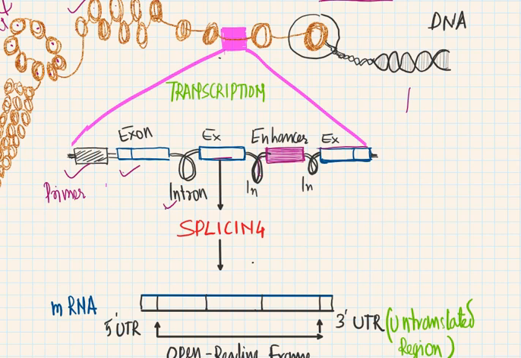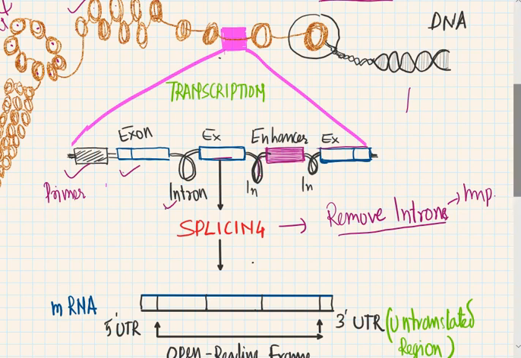After splicing you can see this mRNA. What happens in splicing? In splicing we remove introns. This is a very important step, otherwise we would get mRNA with introns, and that is not good for us.